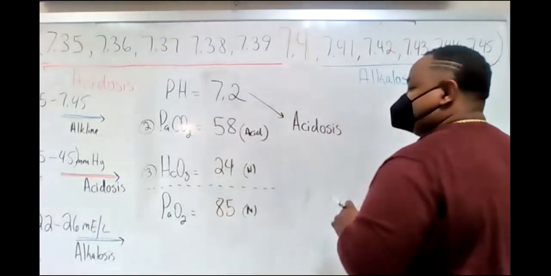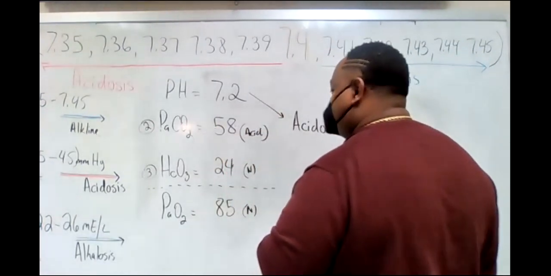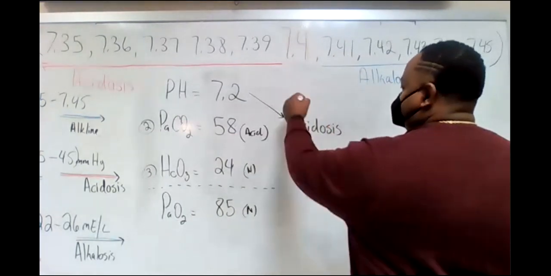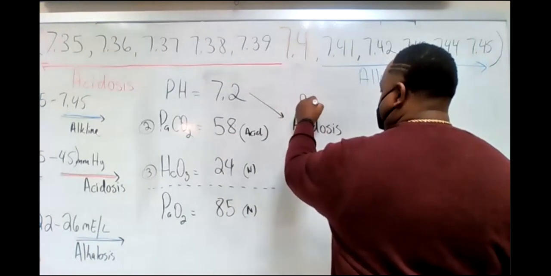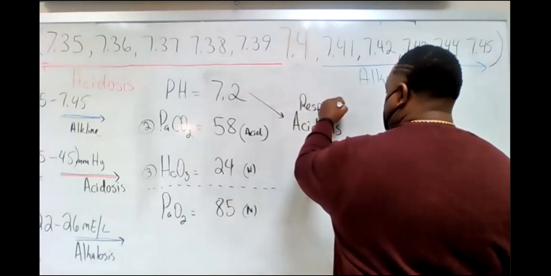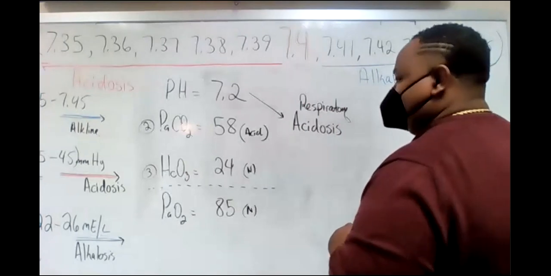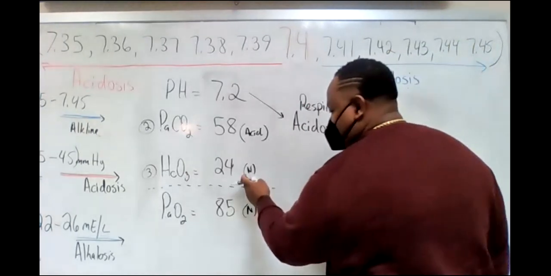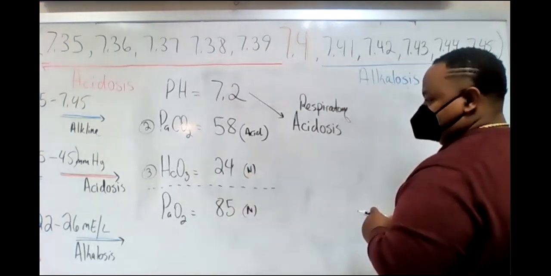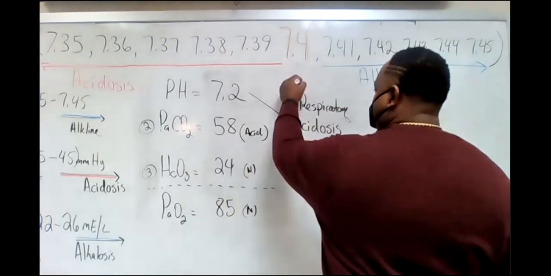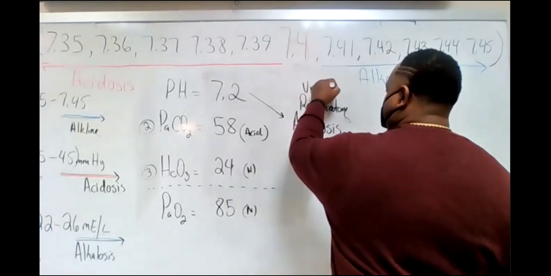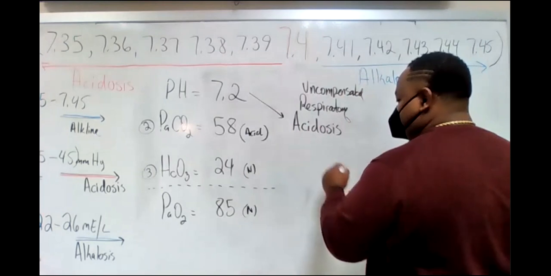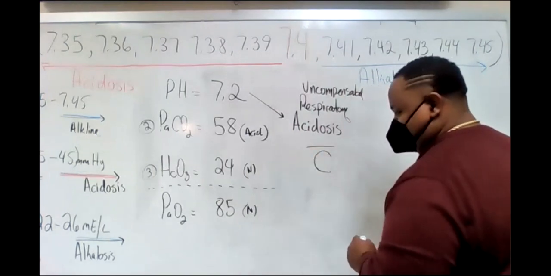So since PaCO2 is causing the problem, Charisma, what kind of acidosis are we in? Respiratory. Respiratory acidosis. Now, let's look at the third player, Charisma. Is my third player in normal range? It is, so it's uncompensated. So it's uncompensated respiratory acidosis with what?